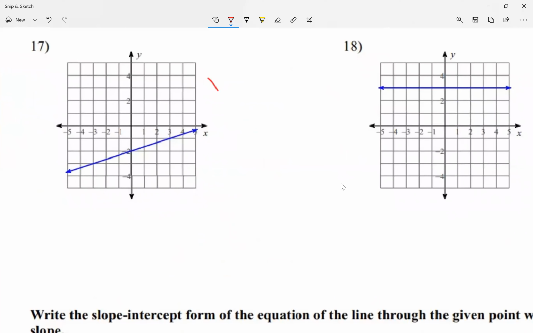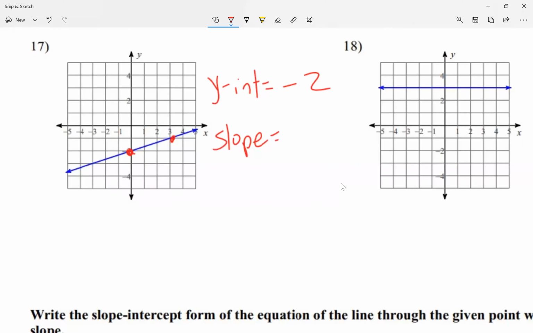So I'm going to find out what's my y-intercept and what's my slope. For the y-intercept, where do I cross the y-axis? I cross it at -2. For the slope, I need 2 points. So I'm going to use this one. I'm going to write it as a fraction to begin with.